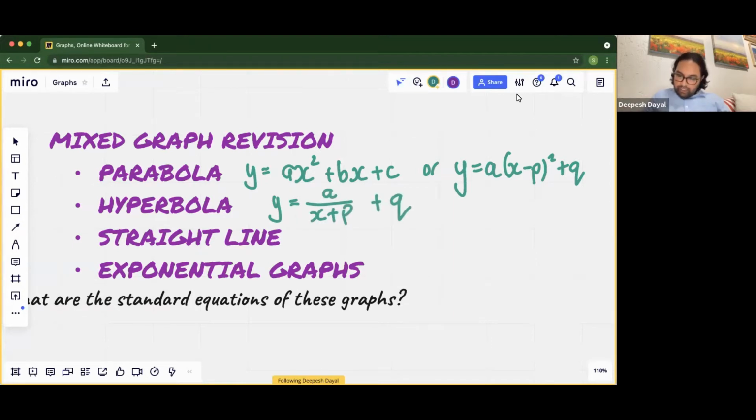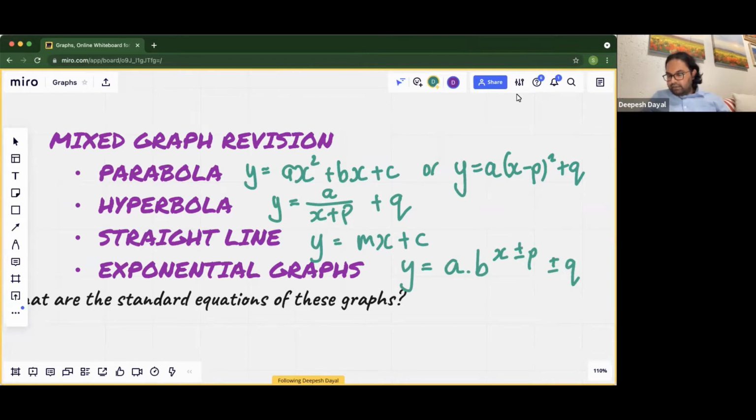Straight line y equals mx plus c, and exponential graph y equals a times b to the power of x plus or minus p, and then we've got plus or minus q.